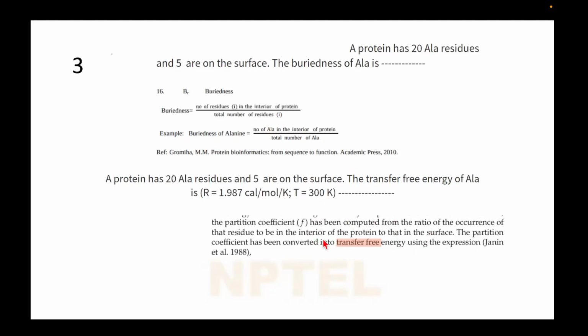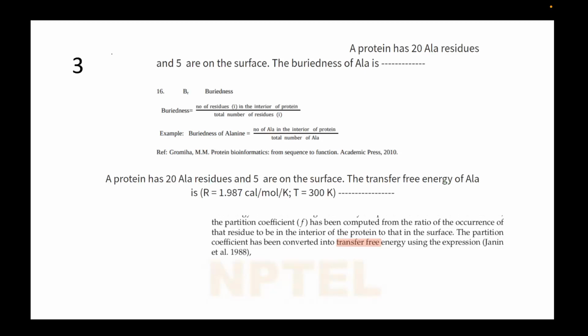To get this transfer free energy, the partition coefficient has to be computed, which is the ratio of occurrences of a residue being in the interior of that protein. Further, this is RT ln buriedness. So RT ln buriedness will give the partition coefficient of a protein.